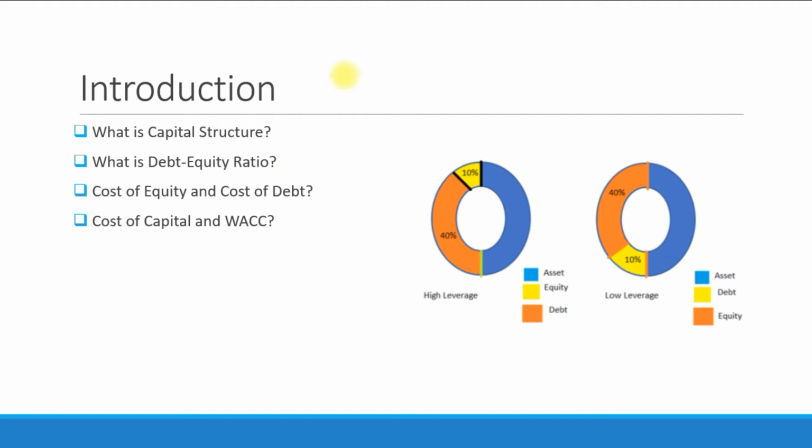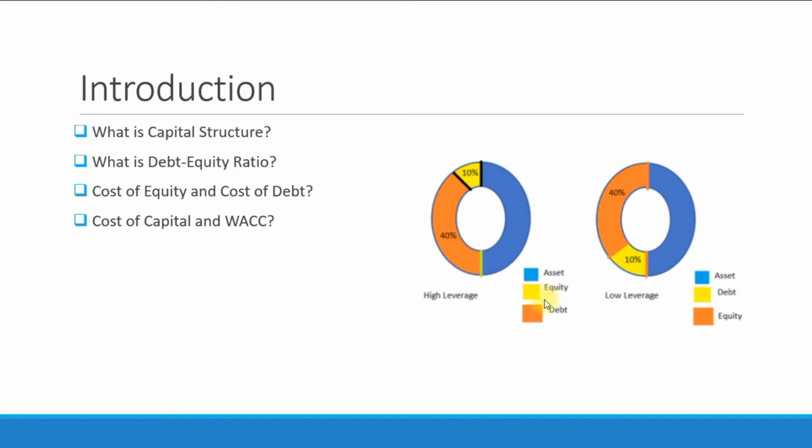Now let us see what is given in the diagram. Companies that use more debt, which is shown on the left-hand side of the diagram, to finance their operations and activities are said to have a high leverage ratio as opposed to companies that use less debt to finance their operations, which is shown on the right side of the diagram.